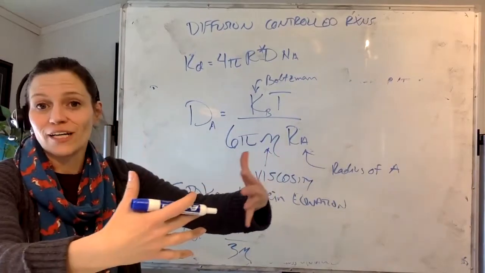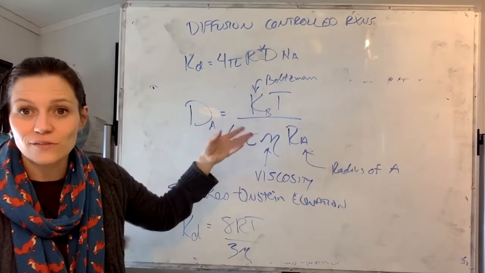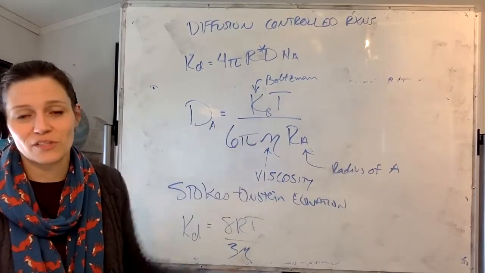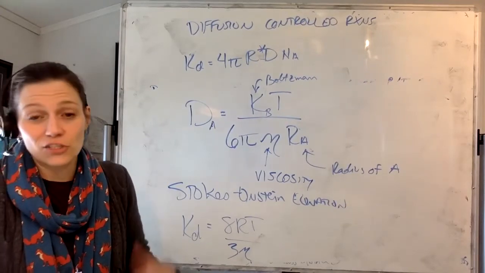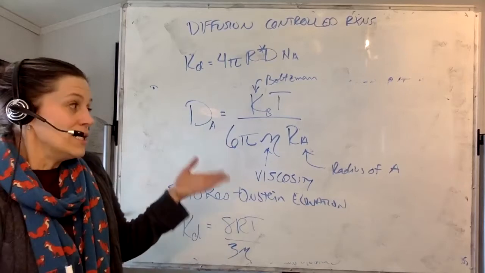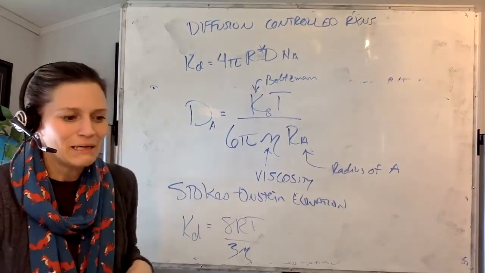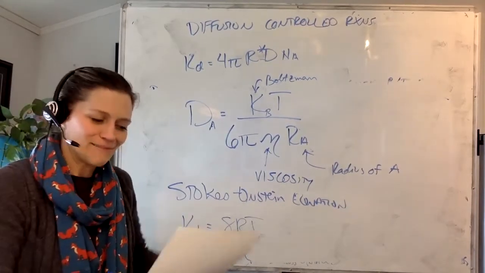When we apply this model to systems, sometimes it fails and the data don't match. You don't get an inverse relationship between diffusion and viscosity, especially in materials like ionic liquids that are all charged ions. So more research to be done indeed. Okay, so there's hydrodynamic theory. I taught it. There's the equation.